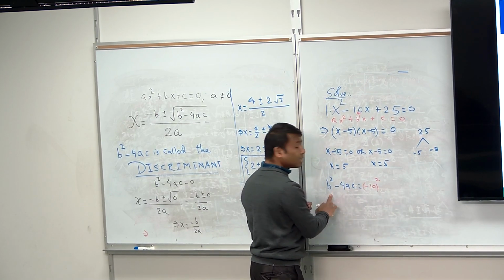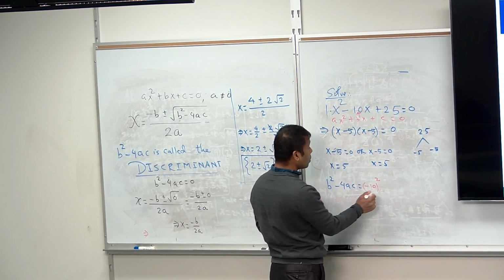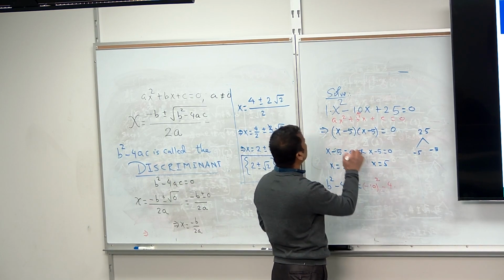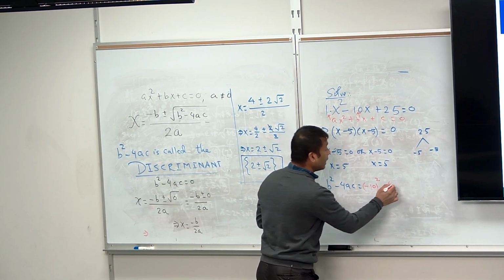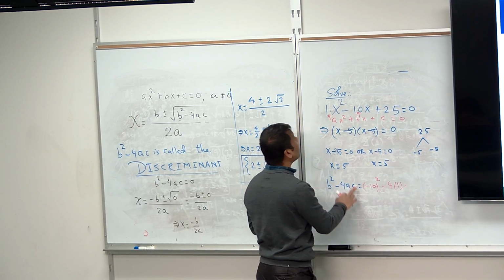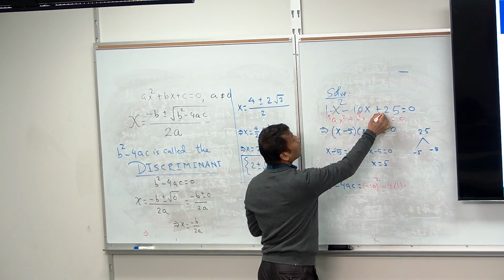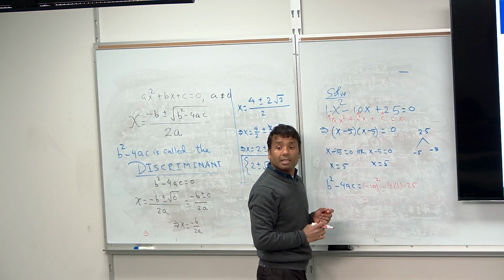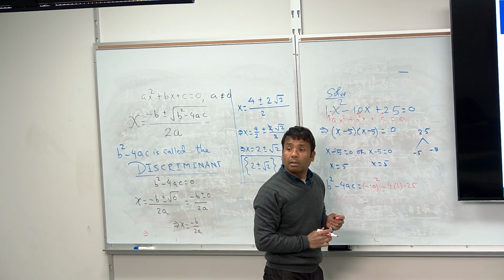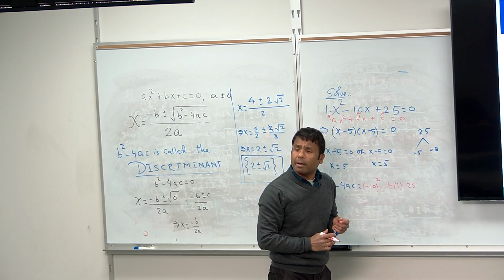b square means parenthesis negative 10 square minus 4 times. What is the value of a? 1. Times. What is the value of c? 25. So now you simplify. What is negative 10 times negative 10? 100.